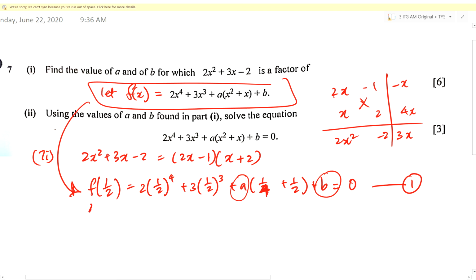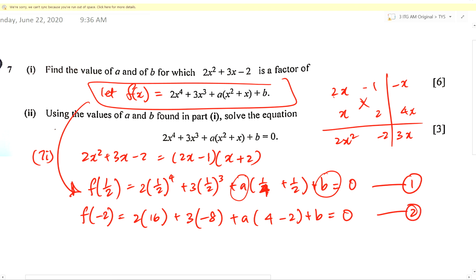Substitute x equals negative 2 next. So negative 2 to the power 4 will be 16. Negative 2 to the power 3 is negative 8. 4 plus b equals 0.